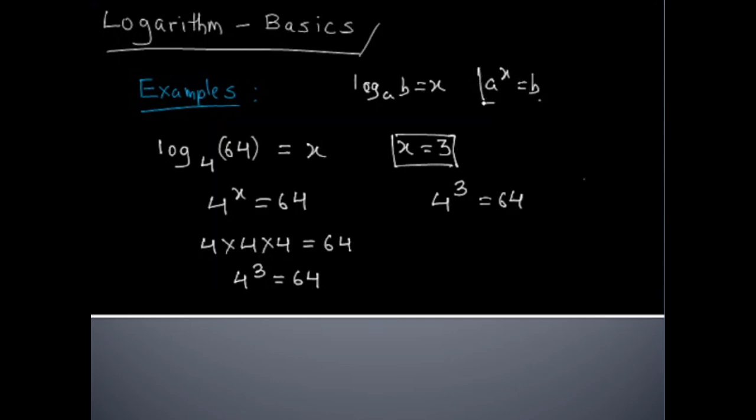It was mentioned in the previous slide if you have noticed. So on a similar note, log base 4 of 64 equals x, or it means 4 raised to the power of 3 equals 64.